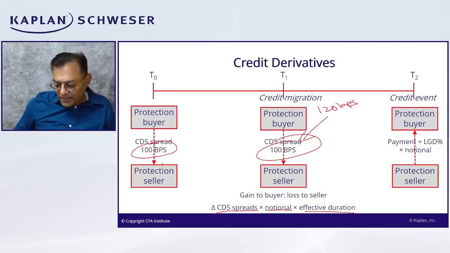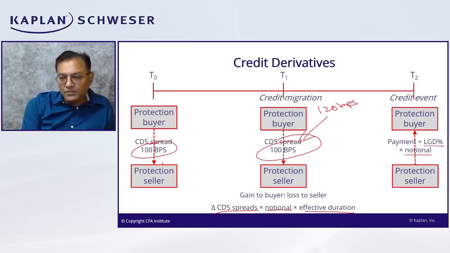And then if an actual credit event occurs, meaning there is a default, then the payment is equal to loss given default percent times the notional. In other words, if your $100 bond goes down to 60, then the loss given default percent is equal to 40.